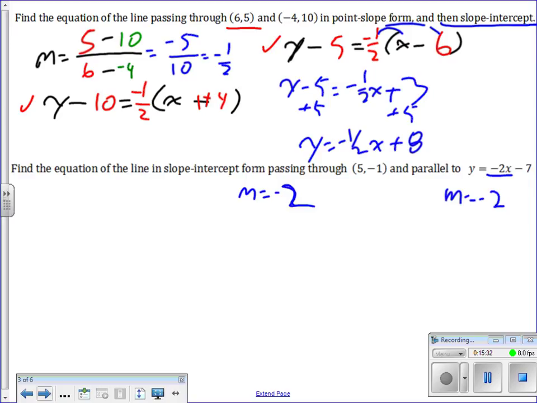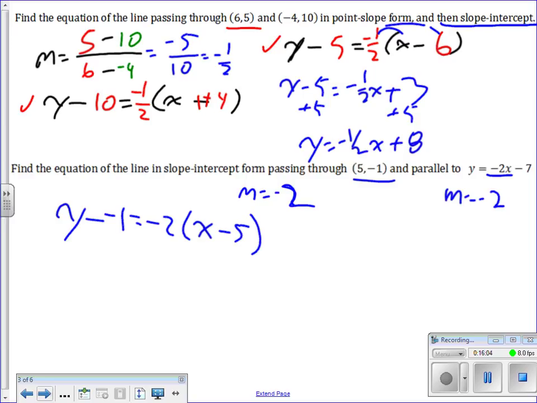I can't write it in slope-intercept form because I don't know my intercept. But I can write it in point slope and make it slope-intercept. Y minus my y-coordinate, negative 1, equals my slope times x minus my x-coordinate, which is 5.